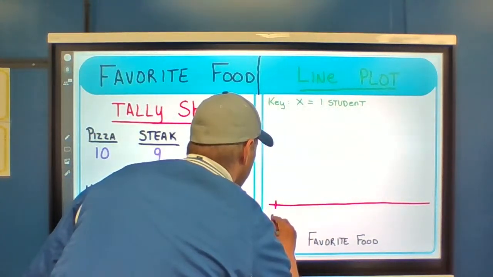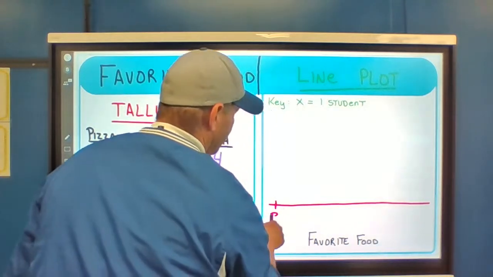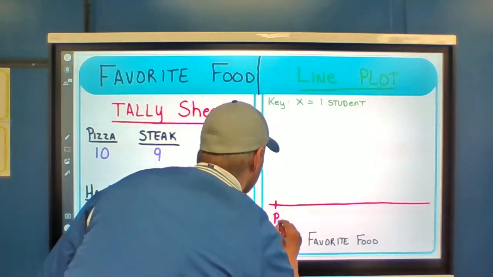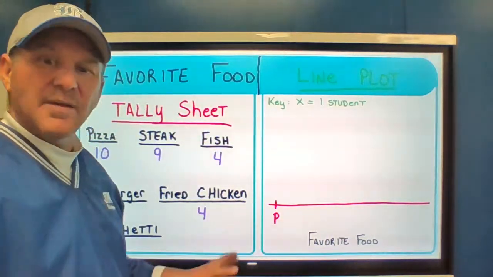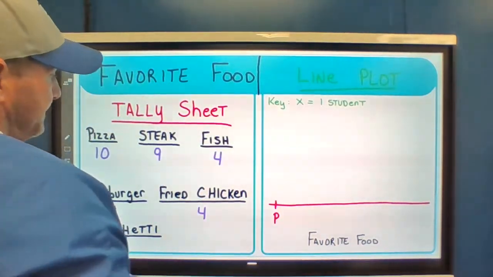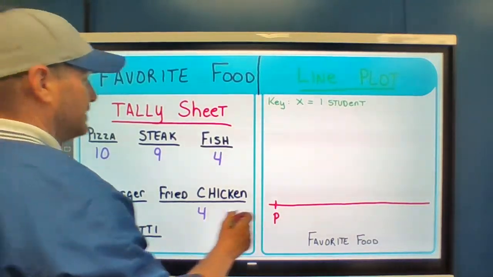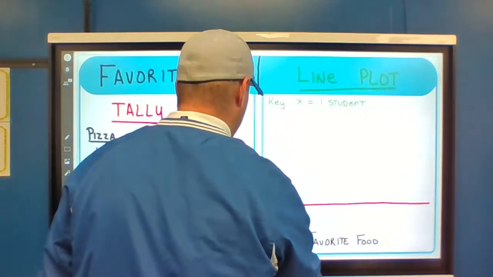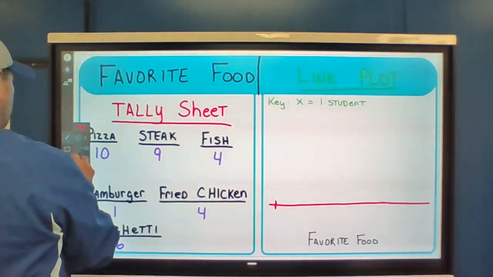This is pizza, and I'm just going to abbreviate it. Some of these are really long. On a normal line plot, you would write it out. I'll use a smaller size.